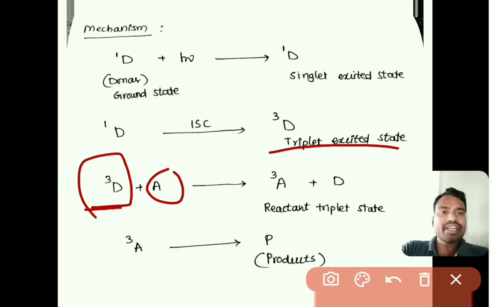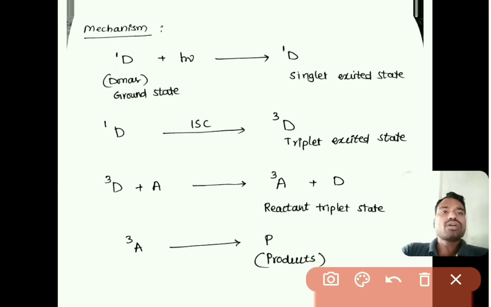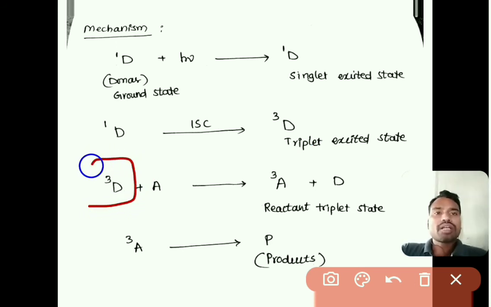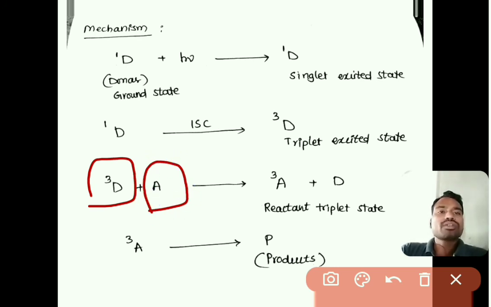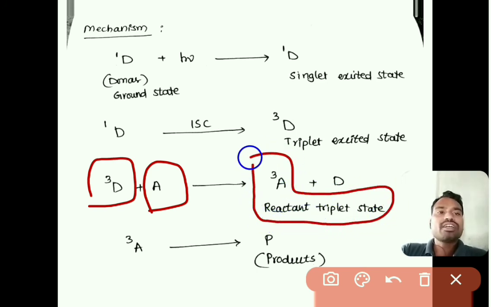A is the reactant molecule, the acceptor. As the triplet excited donor gives the energy to the acceptor, the energy is transferred from donor to acceptor, and now the acceptor, the reactant molecule, is excited to the triplet excited state.